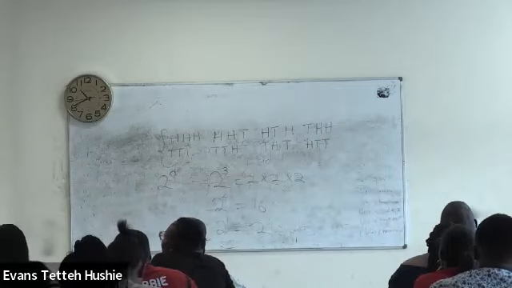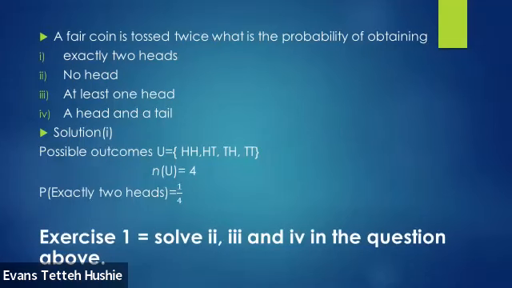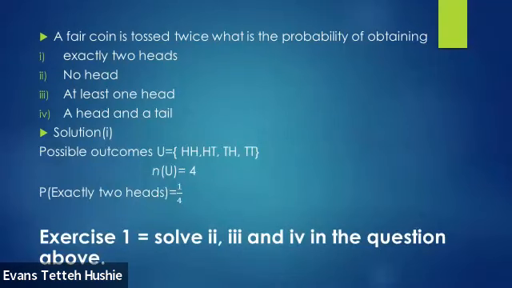So I gave you this question, and I actually did you a favor by giving you the possible outcomes, which I know most of you could have even listed out, but I listed it out and gave you the possible outcomes to be 4. A fair coin is tossed twice.